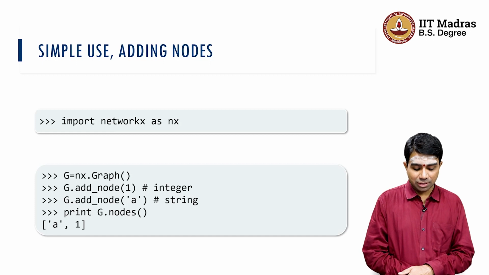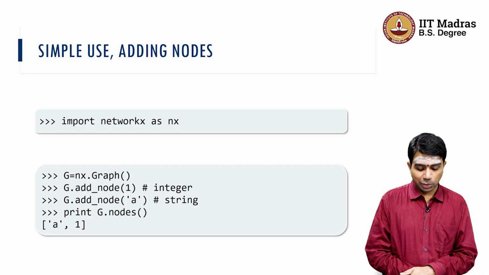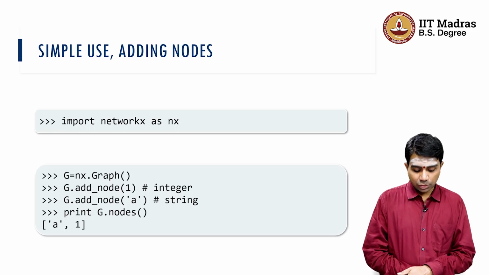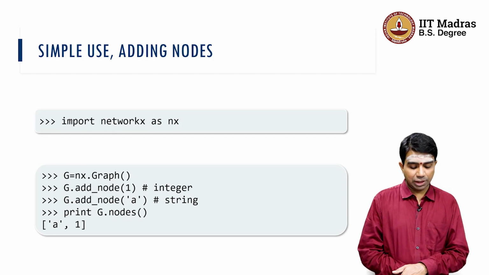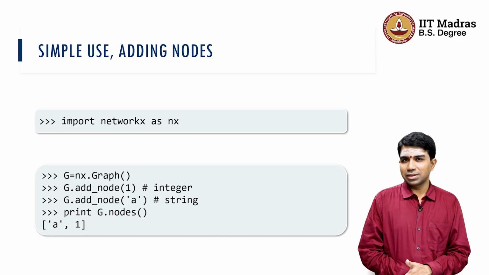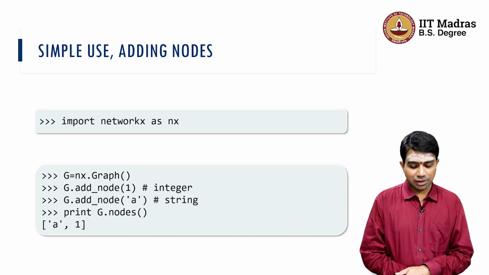You can add nodes of any type really. You can see that here, right. So, you can add an integer node, or you can add a string node, and you can print the nodes, where it shows a list of all different types that can be mixed. And this is an advantage of Python, and NetworkX naturally inherits it.